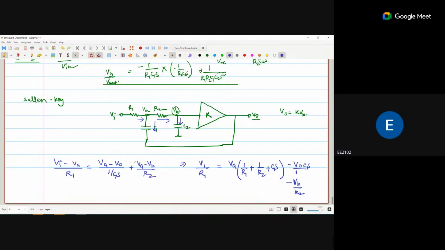Okay. Now what is VB? VB is K times V naught. Sorry, V naught is equal to K times VB, so VB is V naught by K. So I put it here, V naught divided by K R2.